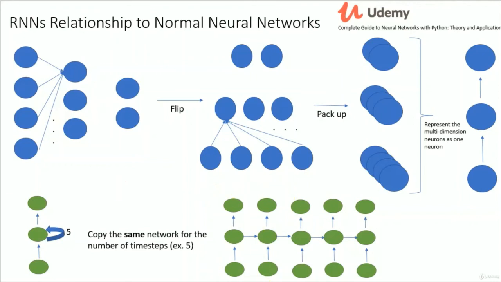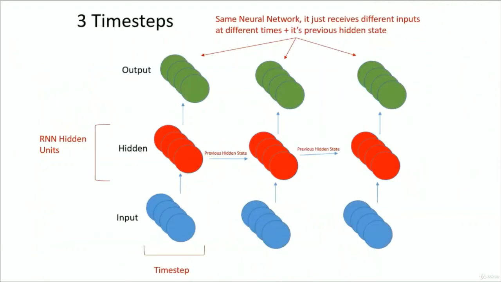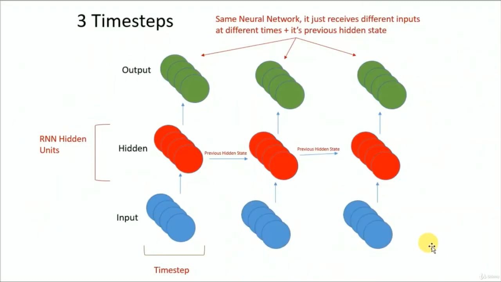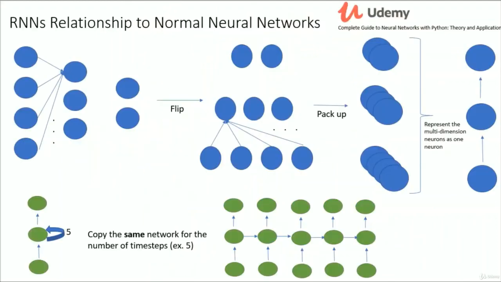If we go into depth on this visualization, this is what we have. This is your first neural network, but previously we had 5 time steps and here we only have 3 time steps. These are the hidden units, the RNN hidden units, which are basically the hidden neurons here.